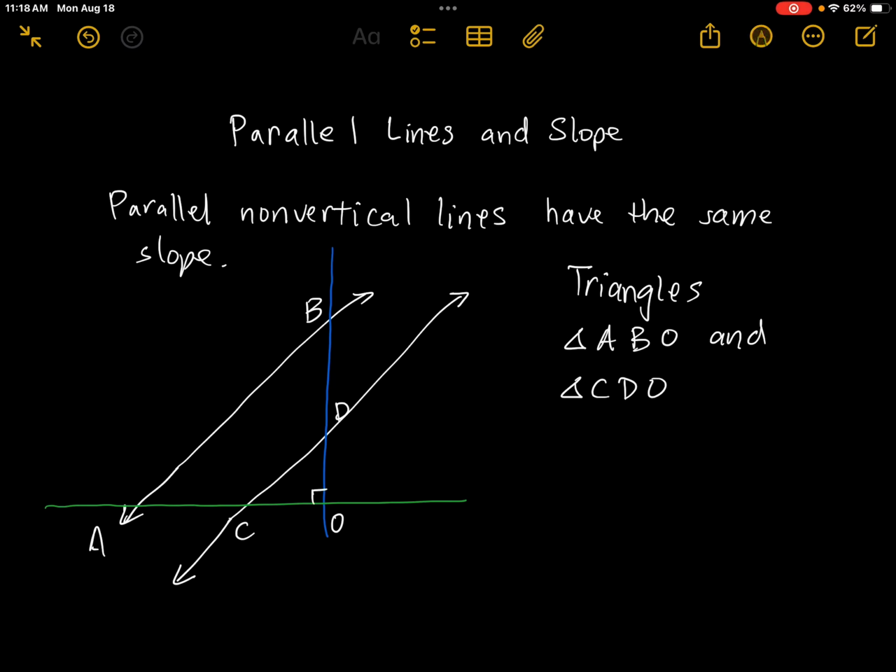Well, these are both right triangles. And so let's call this line L1 and let's call this line L2. So these are both right triangles.